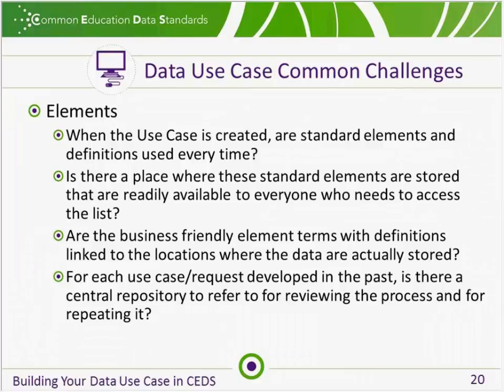Similar to the challenges for the question, is there a central repository to refer to that contains the question and the elements listed, for reviewing the process and for repeating it? So if there was a central repository that stored the questions and it also stored the elements, you're already halfway there for the same question or for very similar questions.